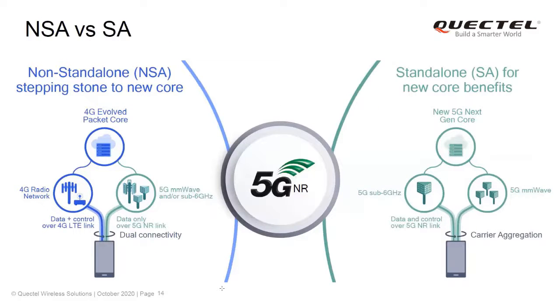I told you about NSA versus SA. NSA means non-standalone. Actually, it's 5G which depends on 4G. That's why it's called non-standalone. First, you have a control channel, like the established connection and everything that is required on current LTE.